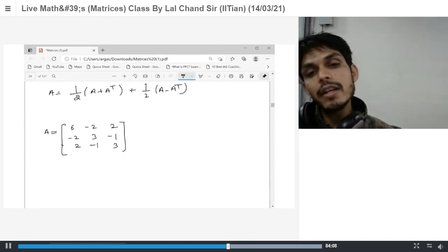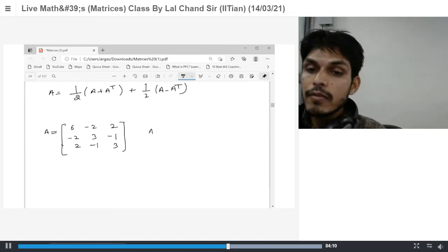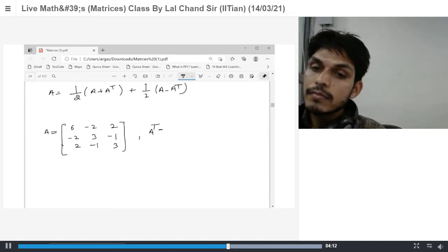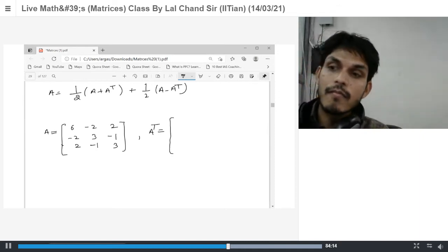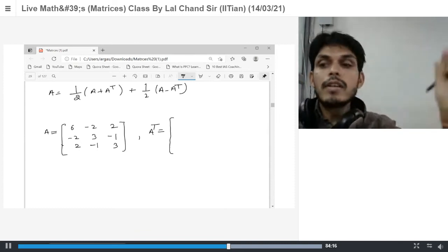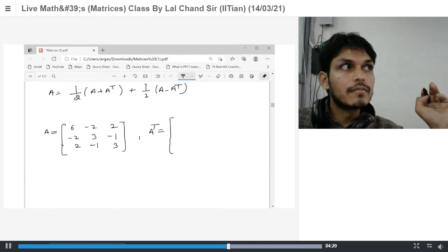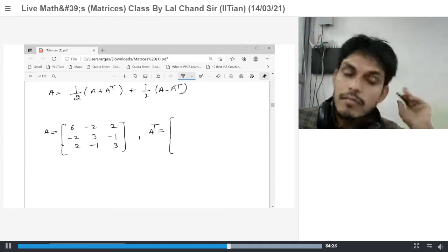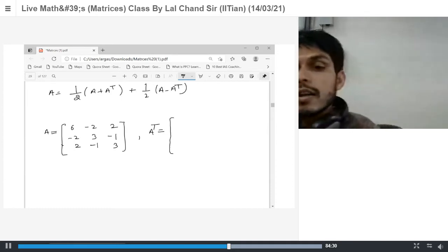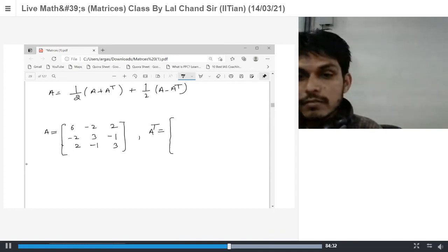If I take A transpose, what will be the value of A transpose? A transpose will be 6.